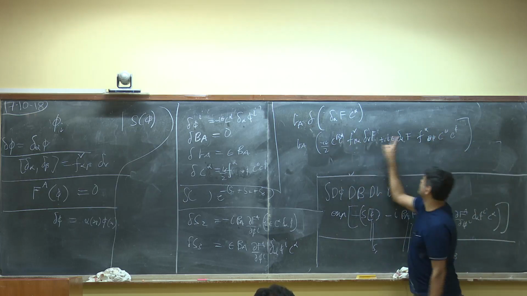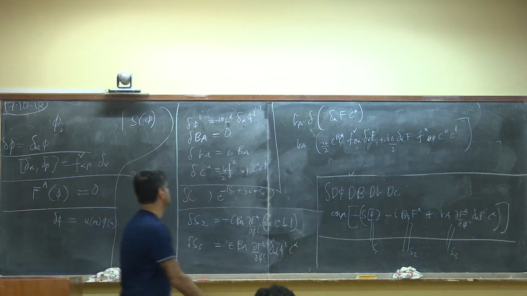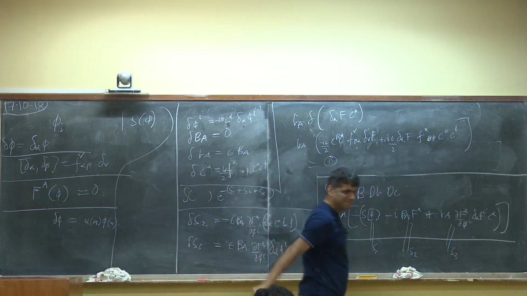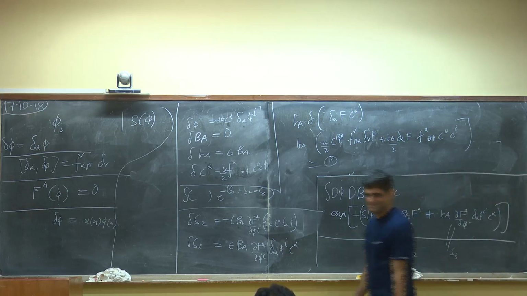But there's a relative minus sign between the two, and therefore it cancels. Okay, so that's equal to 0. So we've demonstrated that this action is invariant and has this symmetry.